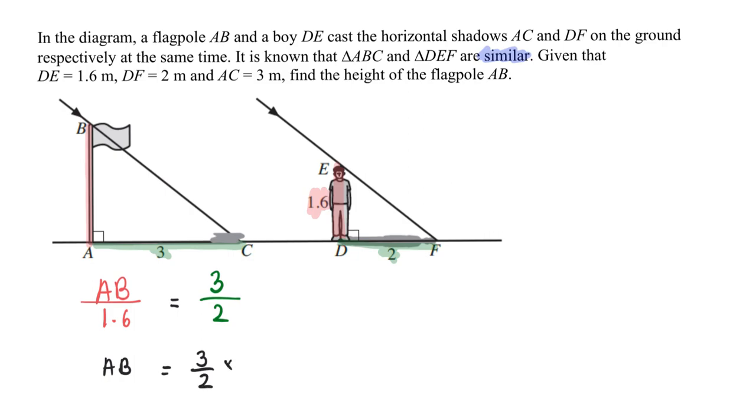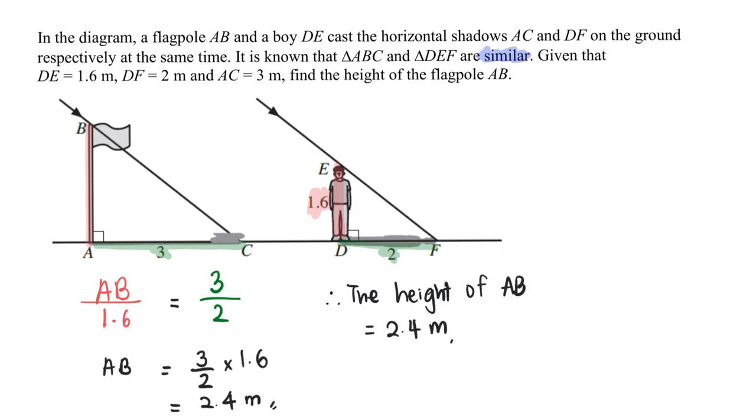I multiply by 1.6. And that will give me 2.4 meter. And therefore, the height of AB is equal to 2.4 meter. Let's move on to the next question.